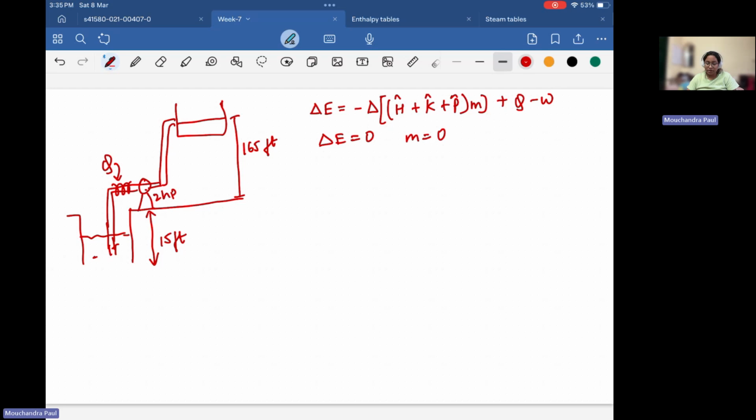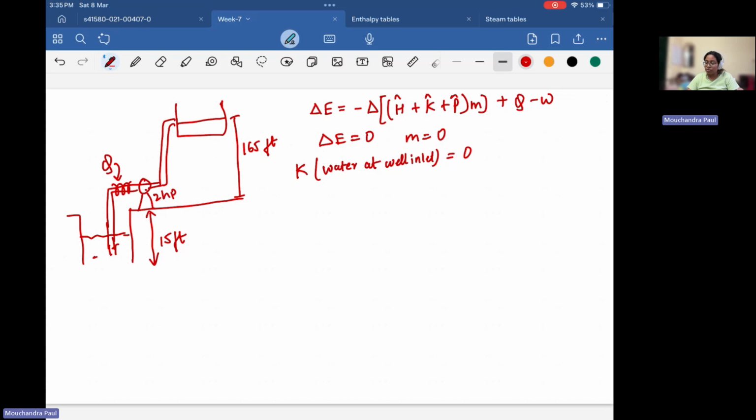The water at the well inlet has kinetic energy of 0.